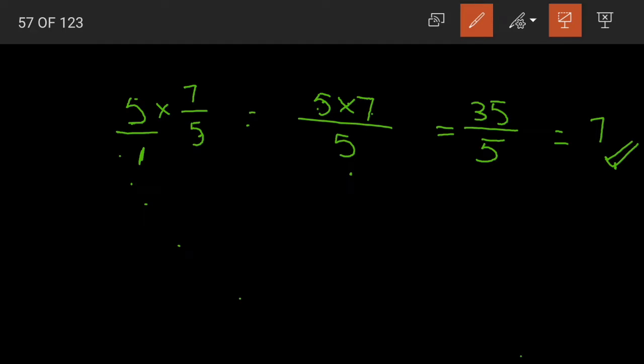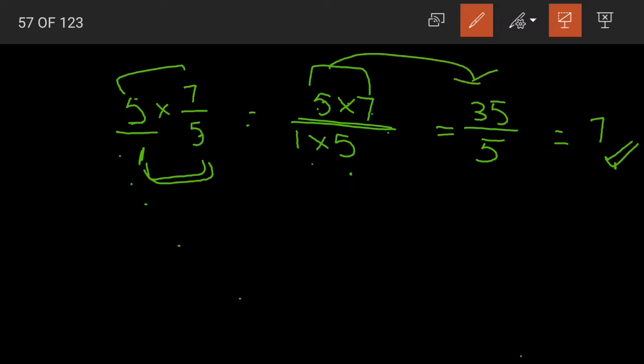Now if we apply the rule of multiplying two fractions here, how will we multiply? 5 into 7, that is multiplying the numerators, divided by 1 into 5, that is multiplying the denominators. Understood? 5 sevens are 35, 1 5s are 5, children.